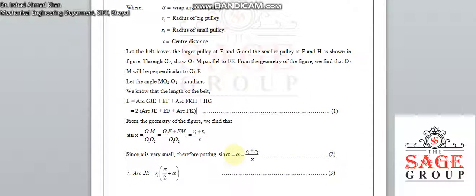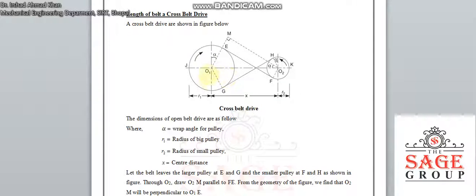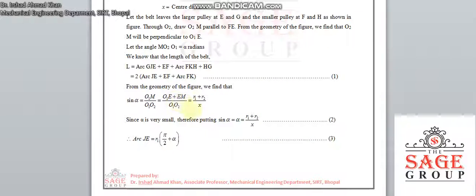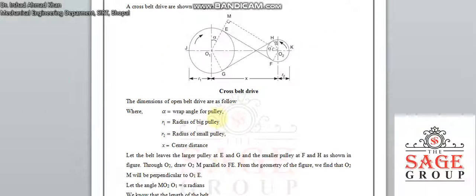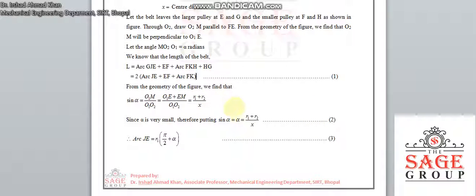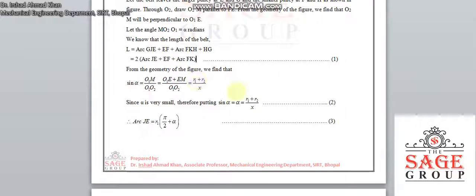Now O1M we can write as O1E plus EM, where O1E is equal to R1 and EM is equal to R2. So this relation becomes R1 plus R2 upon X, where O1O2 is the center distance between the two pulleys. So sine alpha will be this.